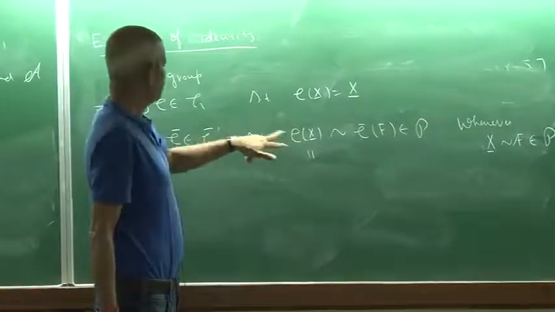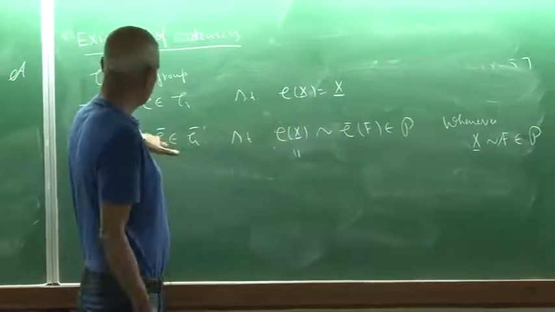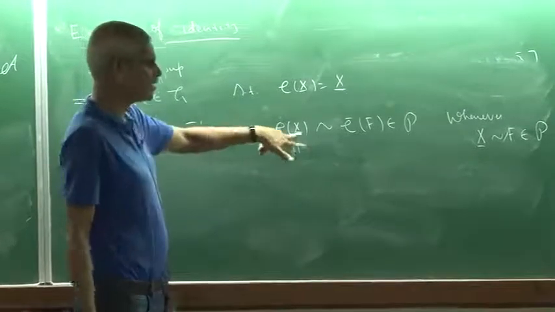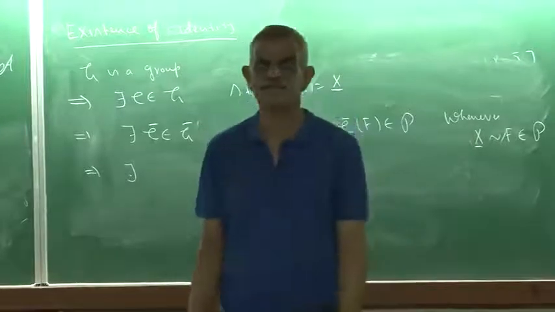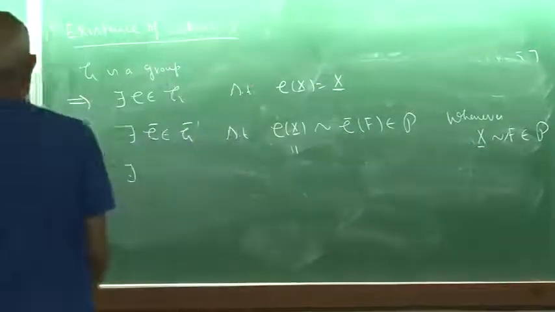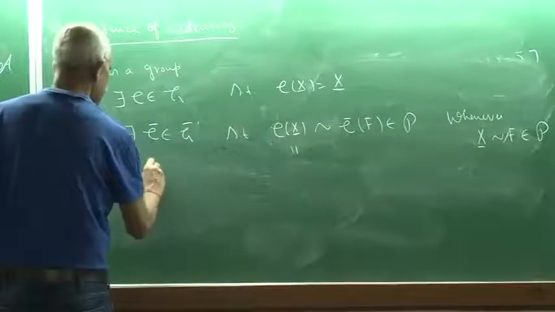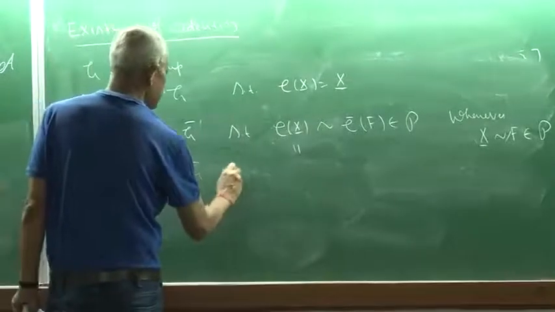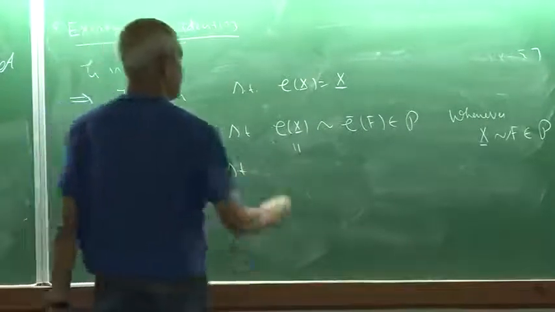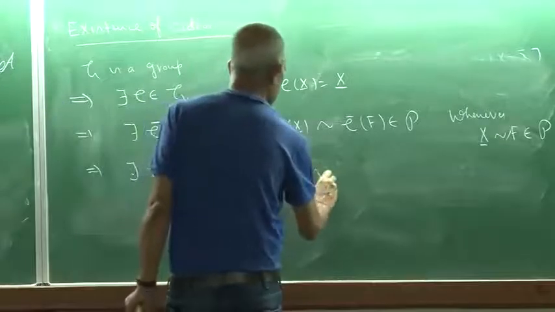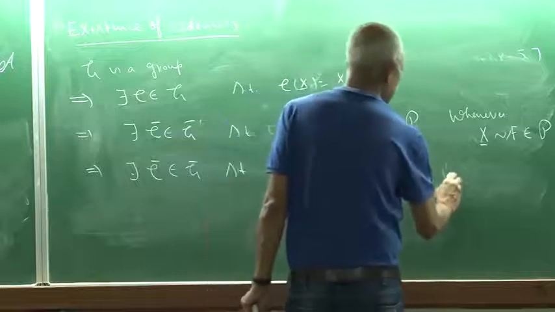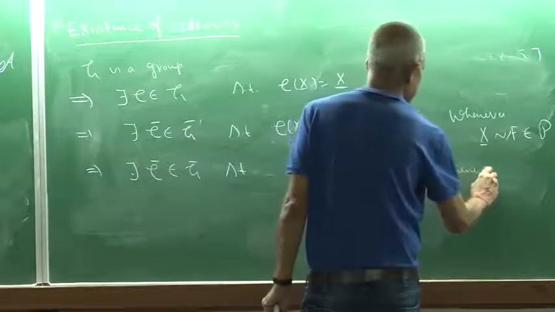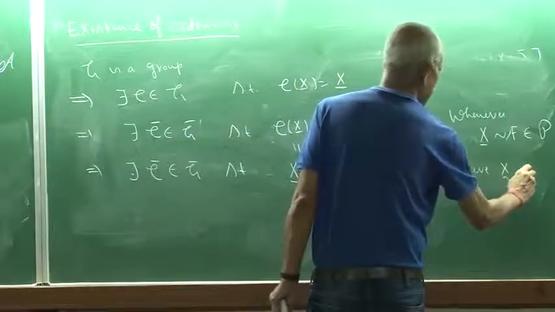This element will give me the distribution of Ex, which is E bar f, when x has a distribution f. So there exists an E bar belonging to G bar such that x has distribution E bar f whenever x has distribution function f.